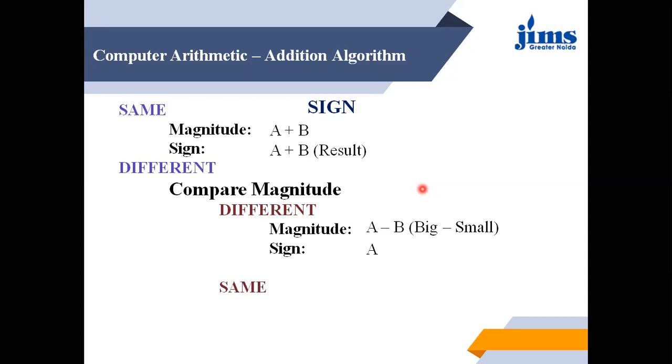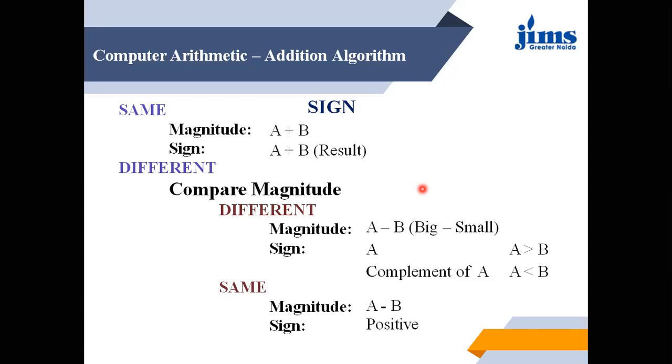When A is bigger and we get the result A minus B, then the result sign will be the sign of A. That is when A is greater than B, and in the second case it will be the complement of the sign of A when A is less than B. And when both magnitudes are the same, the magnitude will be A minus B, that is 0, and the sign will be positive.